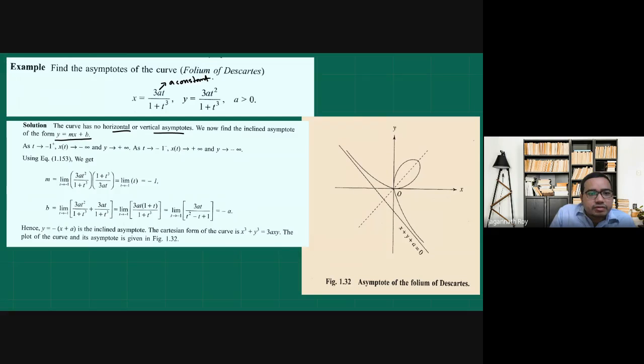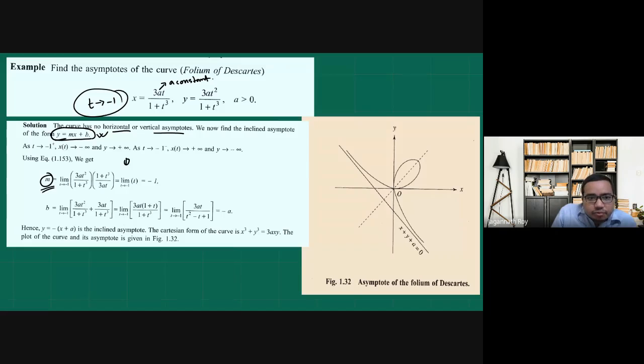Okay, for t equals -1, if t goes to -1, then both of them become infinite. So for the inclined asymptote, we have to write this form, where m is, by definition, this one.